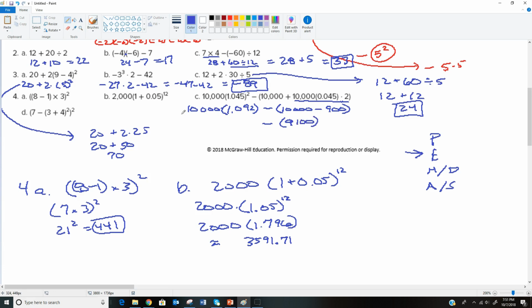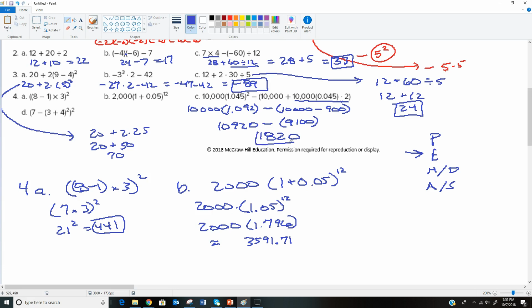And then 10,000 times 1.092 is going to shift the decimal over 4 spots, 10,920. And then we subtract the 9,100, and we have 1,820.